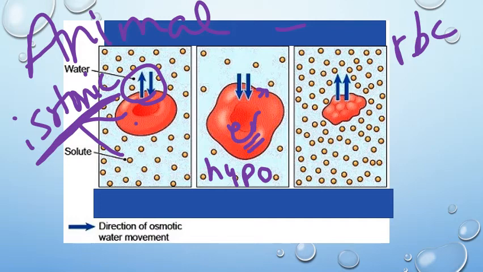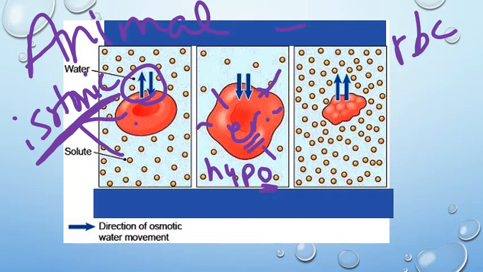If instead you were given an IV of pure water, it would be hypotonic and it would cause your cells to swell and potentially even burst. Right, so we don't want that to happen. So that's why IVs are actually made in a very specific concentration. They do not give you pure water, or it would kill you.